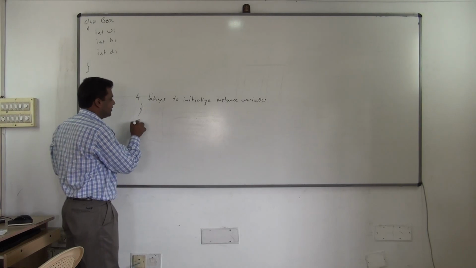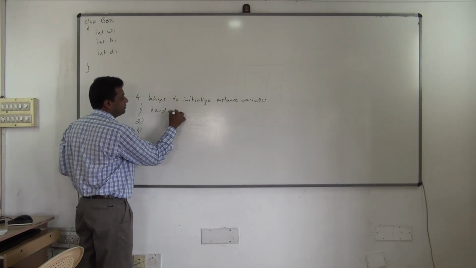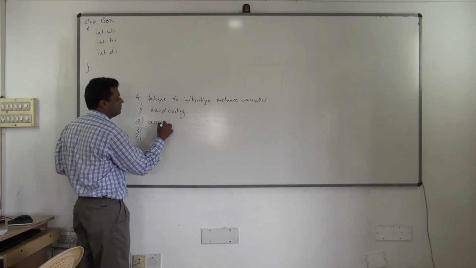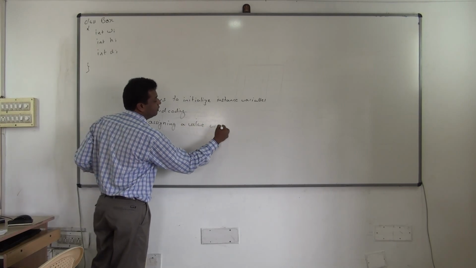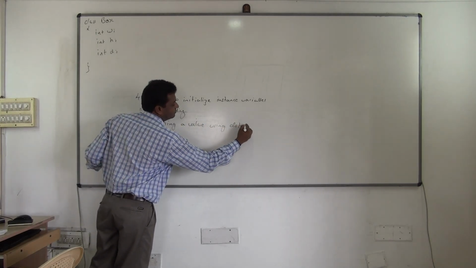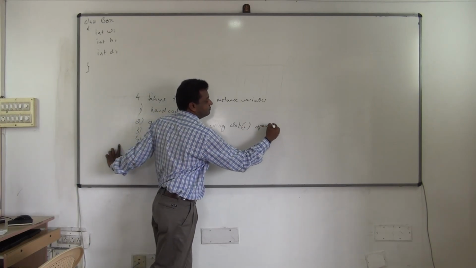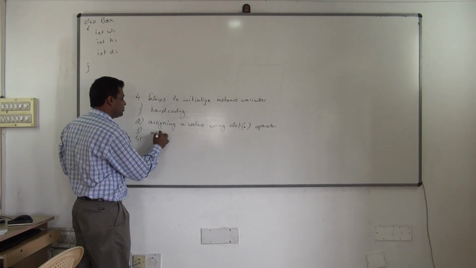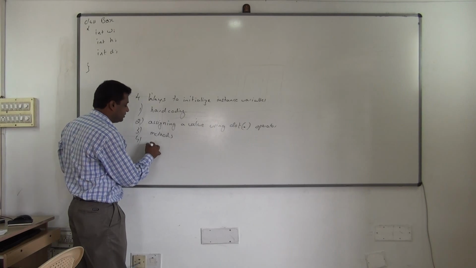First one is hard coding. Second one is assigning a value using the dot operator: you use the dot operator and assign the value. Third one is through methods, which we'll be seeing tomorrow. Fourth one is through a constructor.